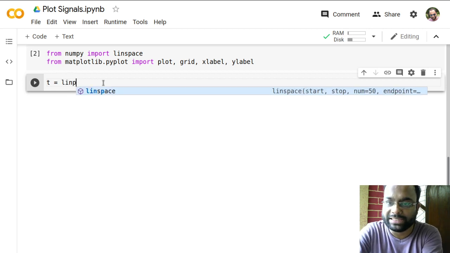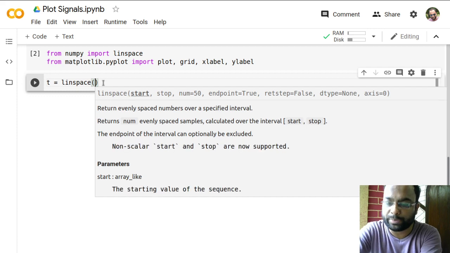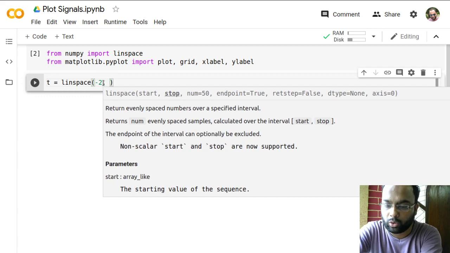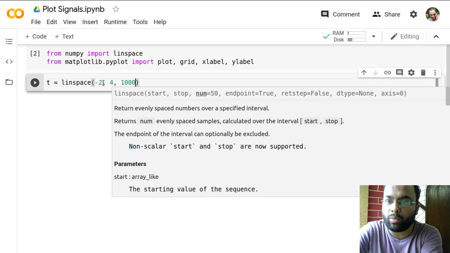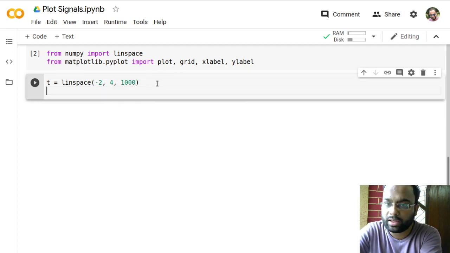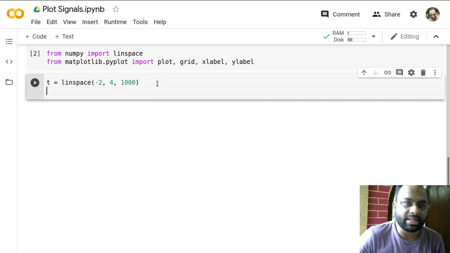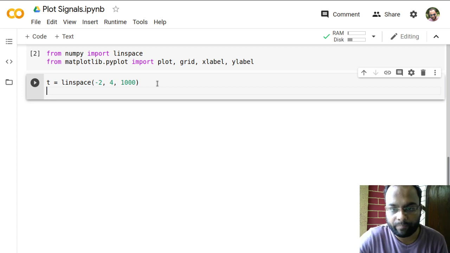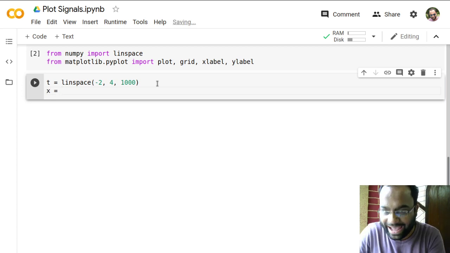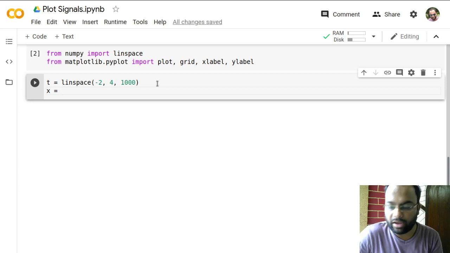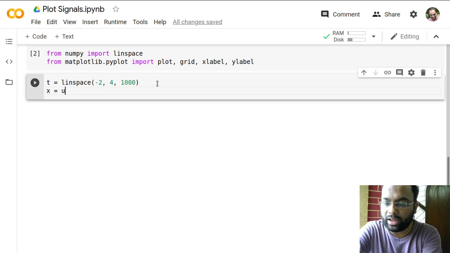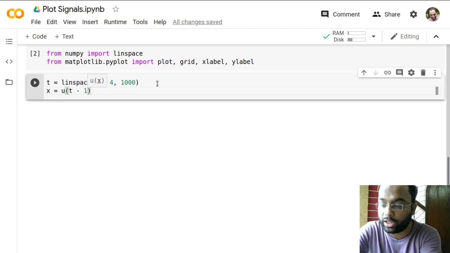So the function is linspace. We are creating a linear space from t equal to -2 to t equal to 4, and we are plotting 1000 points. I don't think that's difficult to understand, right? And my signal is named x. For the previous example, the signal was u(t-1), u(t+1).